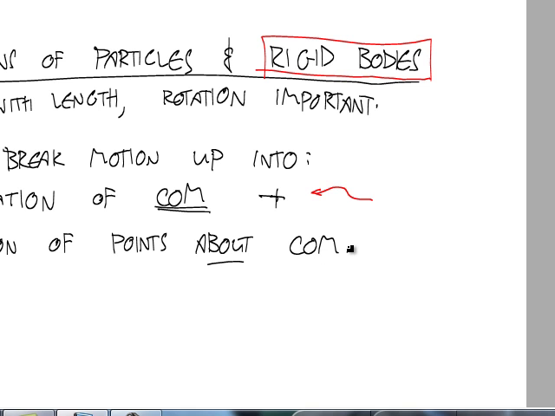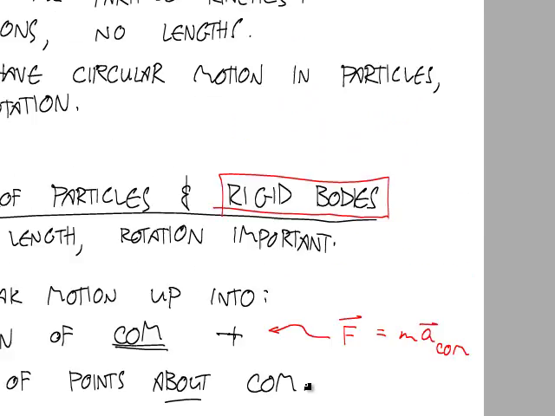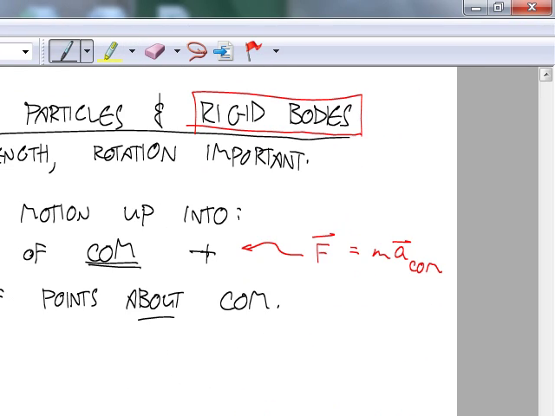This is because F equals ma really is F equals m times the acceleration of the center of mass. And that's always true no matter what collection of particles you're talking about. So this lets us use Newton's second law, and that's why this is a nice way to break things up.